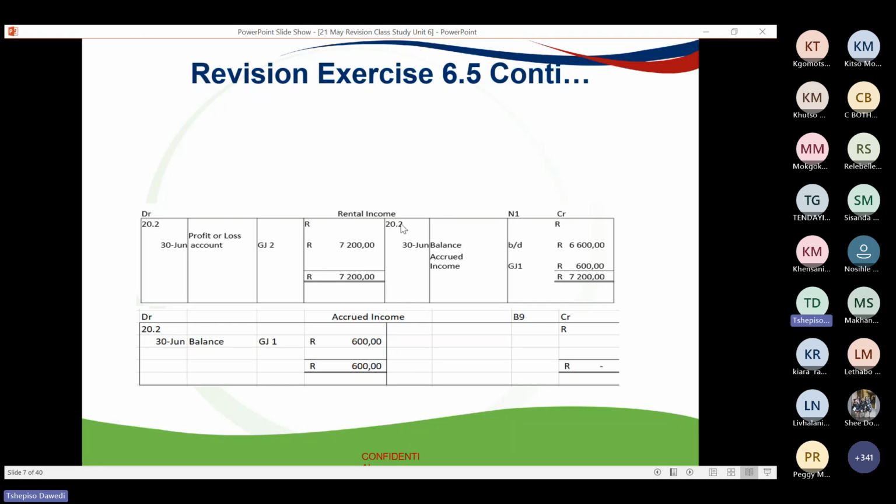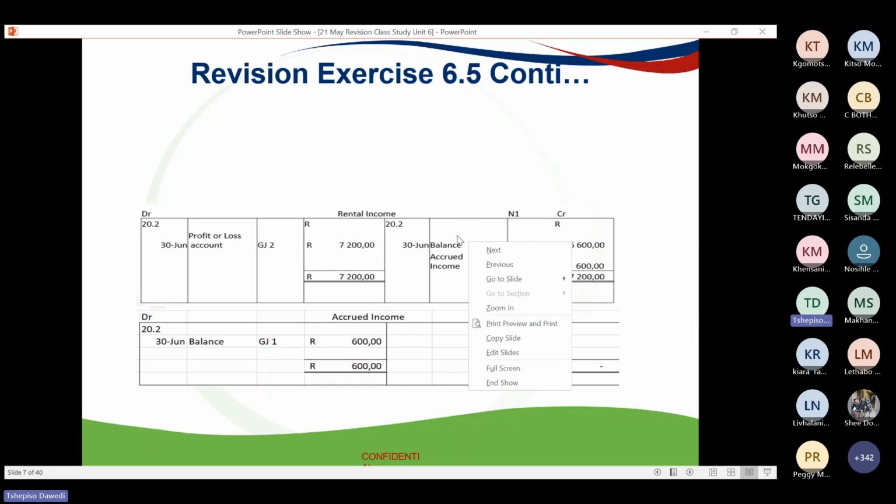Okay, all right. So the first part of the additional information is part A, which says only 11 months rental was received. So the accounts that will be affected will be the rental income and the accrued income. When you open your accounts, typically the information that you've been provided with would have the balances that were brought forward. So in this instance, you have a balance brought down of about 6,600.